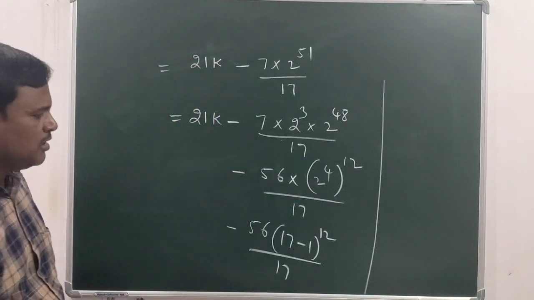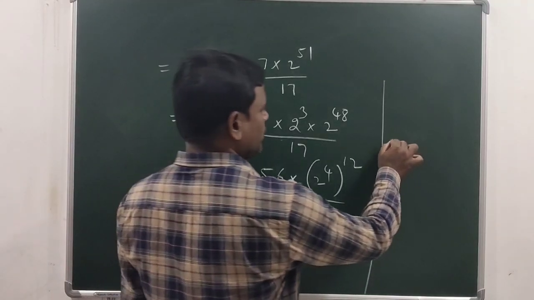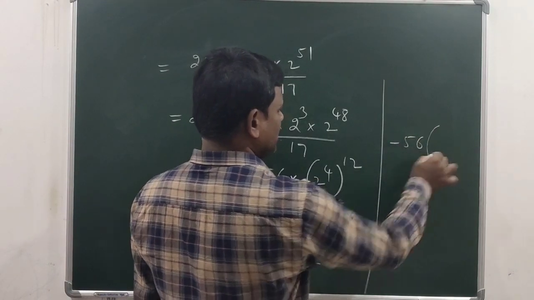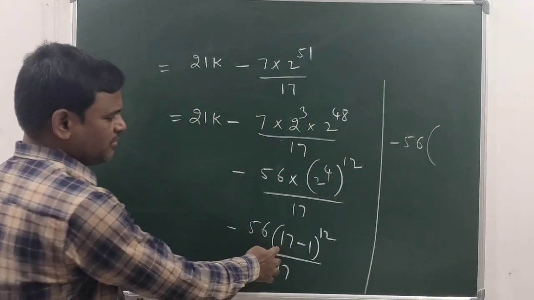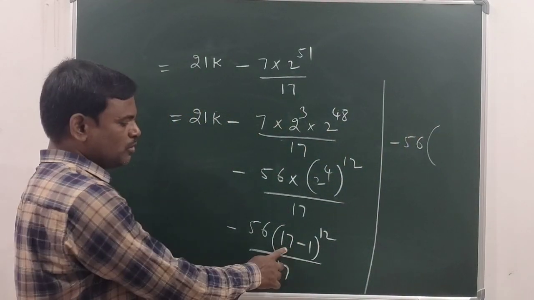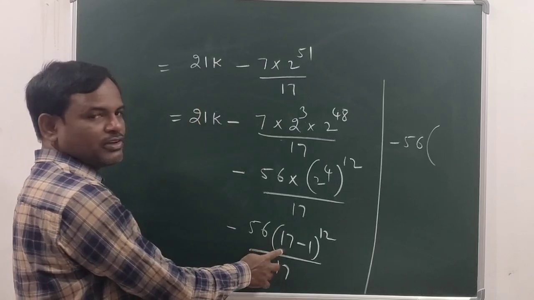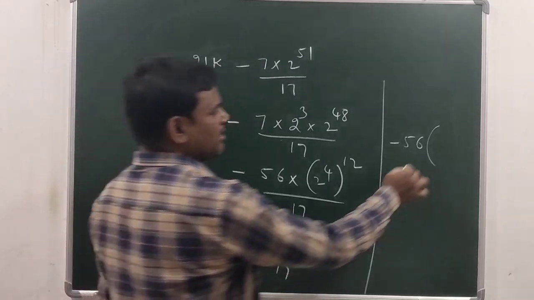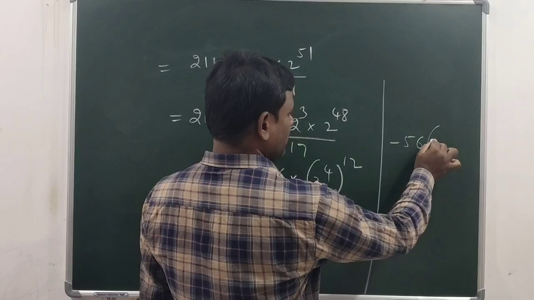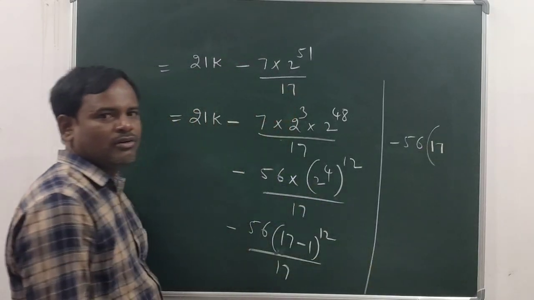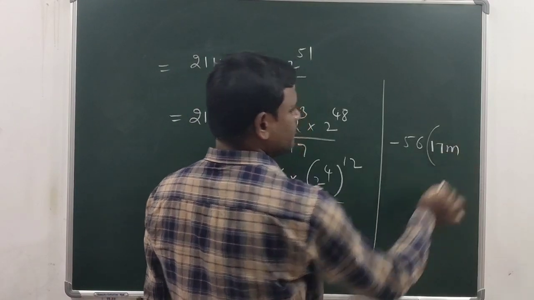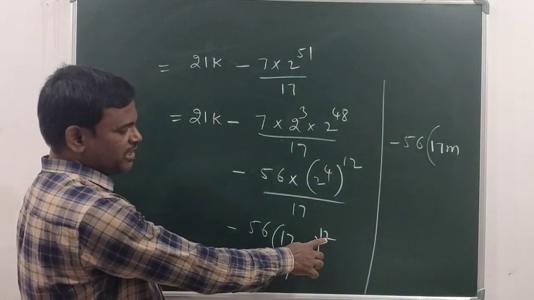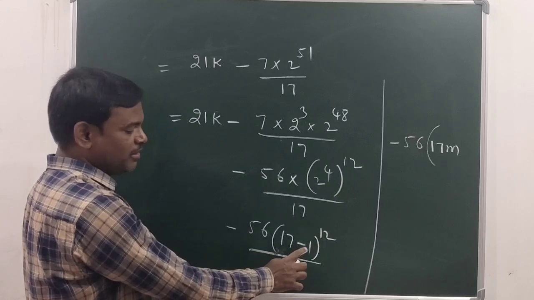Okay students, now expand it so that you will get here 56 in the inside of the bracket. What do you get? So here 17 whole power 12. So again same like in the first step, it can be written as 17 into an integer. That integer I am going to take as m. So here the exponent is even, here minus.